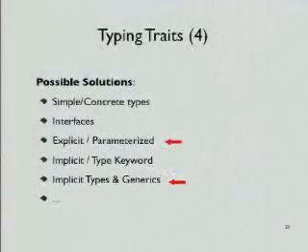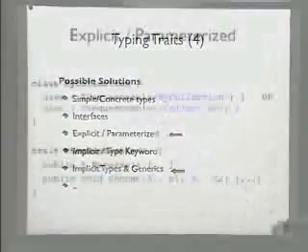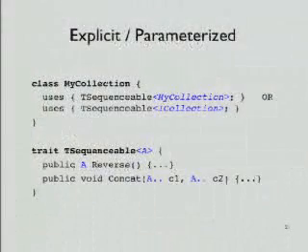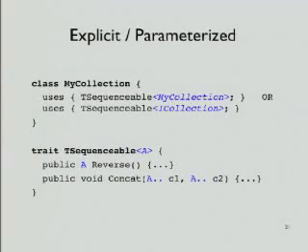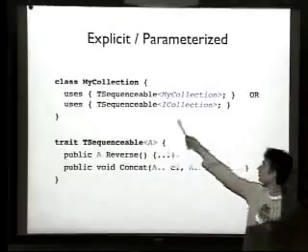Okay, there are a lot of other approaches, so we'll quickly talk about the explicit type parameter, and then about implicit types and generics. When you're using explicit type parameters, that looks a bit template-like, so you will immediately realize that. It's the same example. We have the trait.